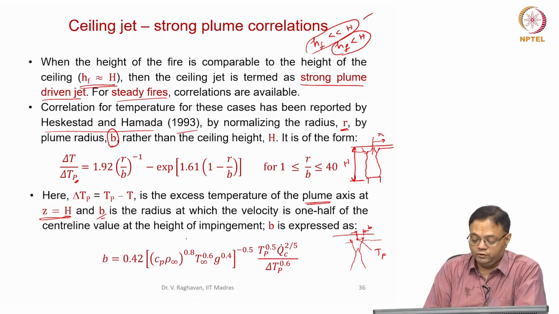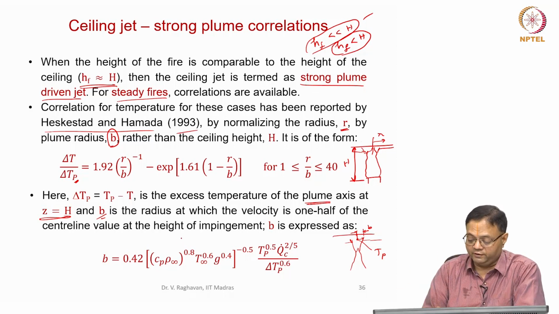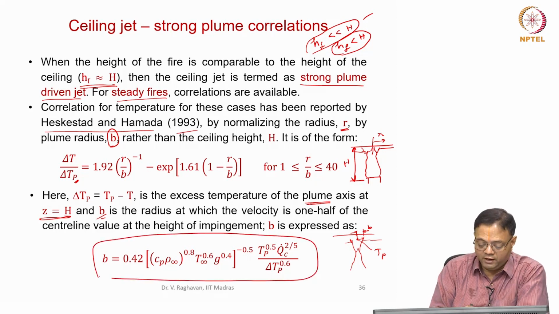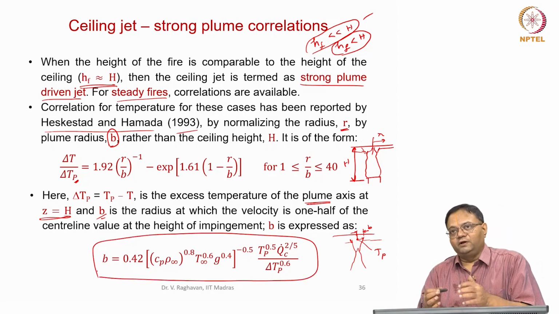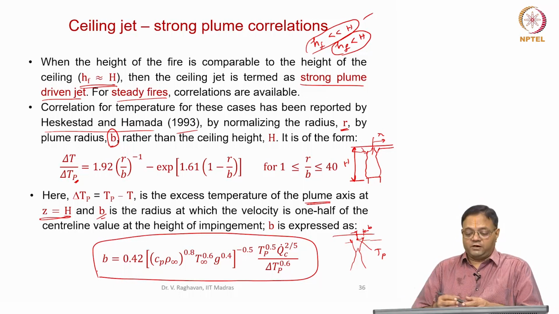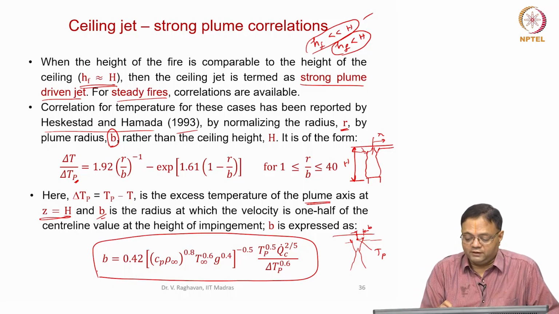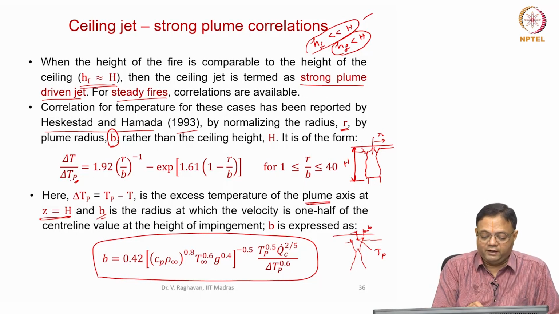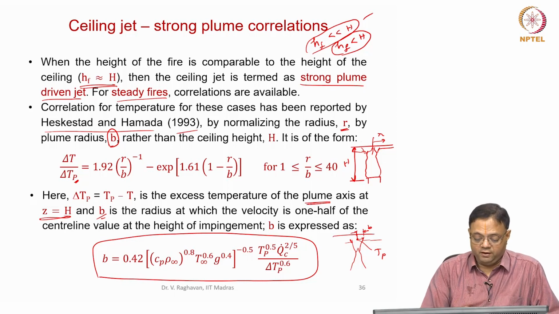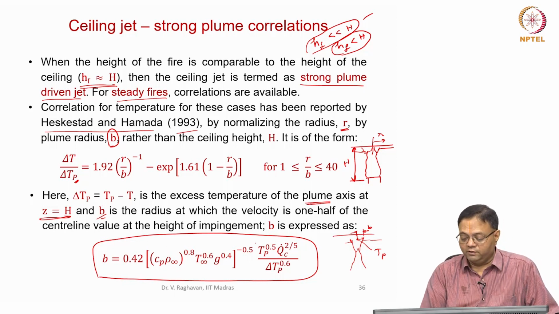B is the radius. You can use again the velocity based approach, where the centerline velocity decays, etc. So now we have to have some correlation for B, because it is not clear, because the ceiling jet and the plume are very, very close. The plume has formed very near to the formation of the ceiling jet. So the correlation for delta T depends on Tp etc., and B itself is now correlated using this.